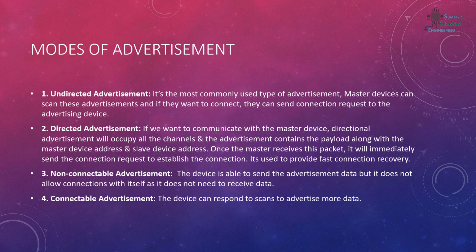Then we can use the directed advertisement. Once the master receives this packet, it will immediately send the connection request to establish the connection. So it's basically used with devices which need to provide fast connection recovery or fast connection response. So we use the directed advertisement for that.